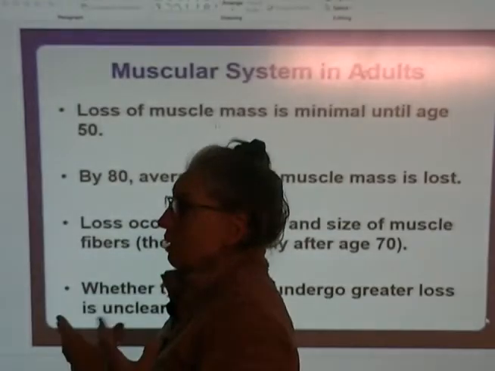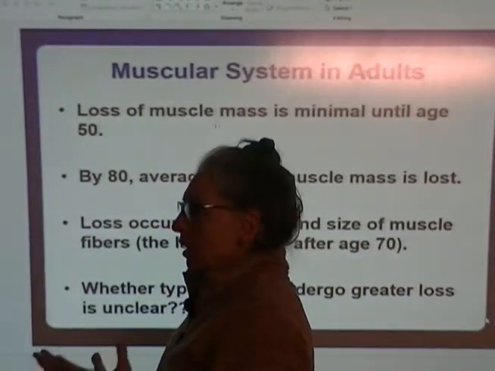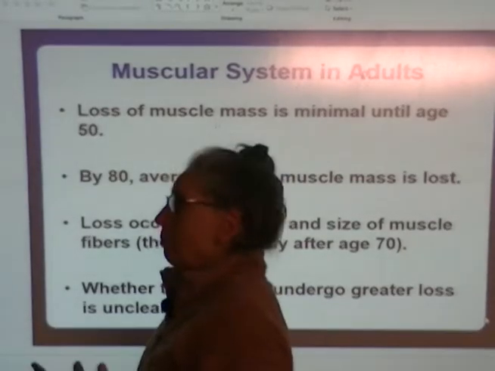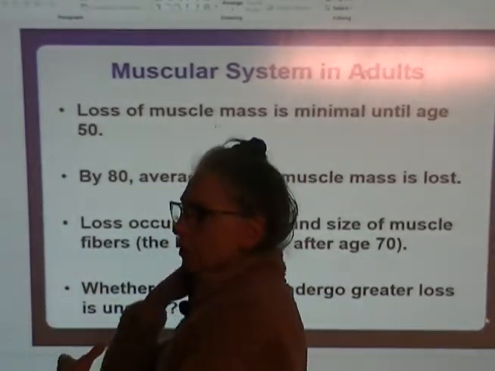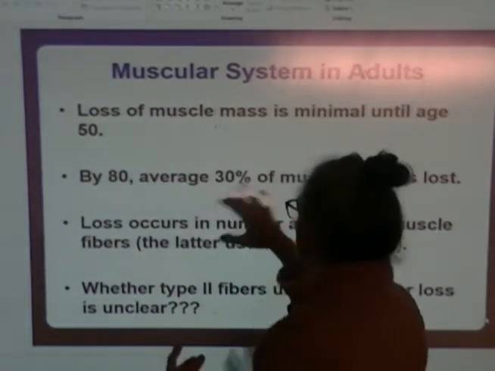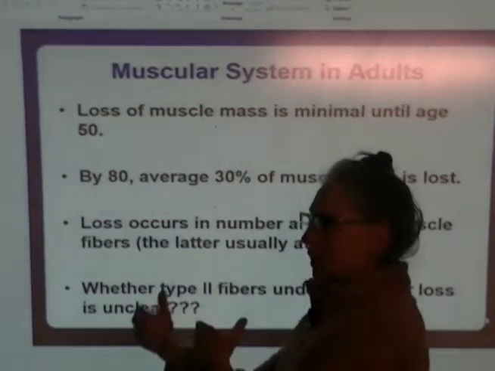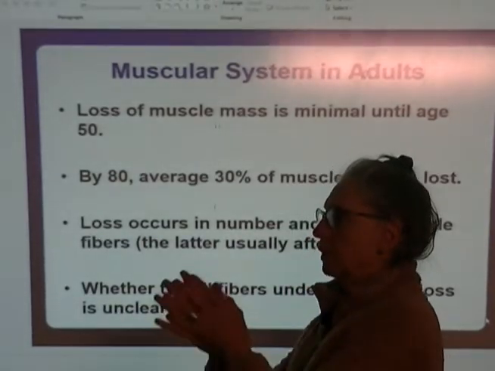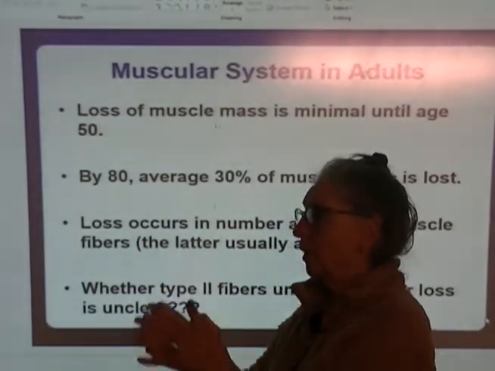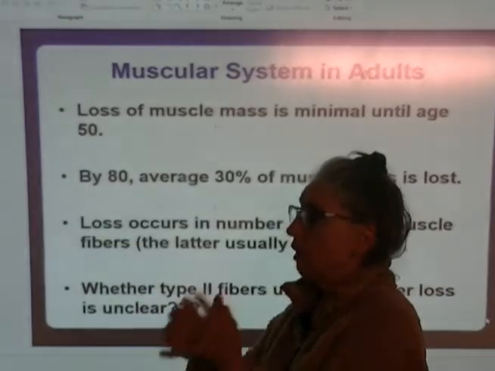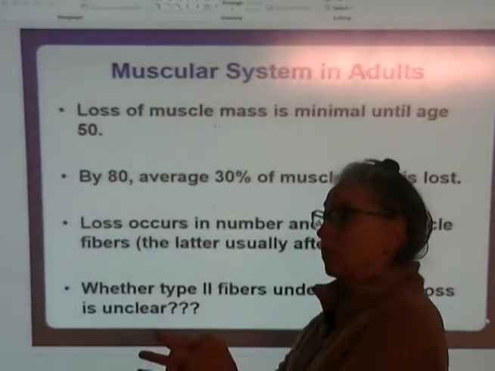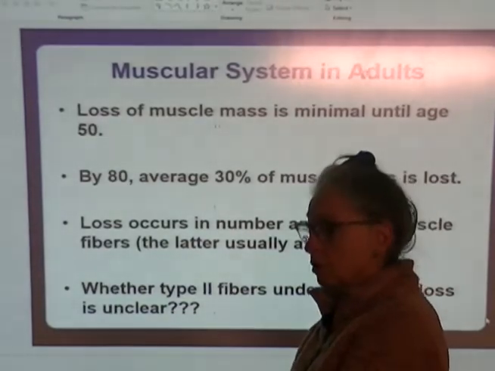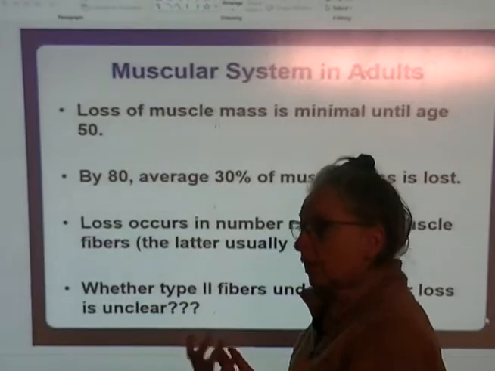Yes, most definitely. Is he still really strong for an 85-year-old? Yes, most definitely. So I don't think that 30% has to be 30%, right? I think that 30% is based on a sedentary or low active lifestyle. Now, I don't have any research to support that.